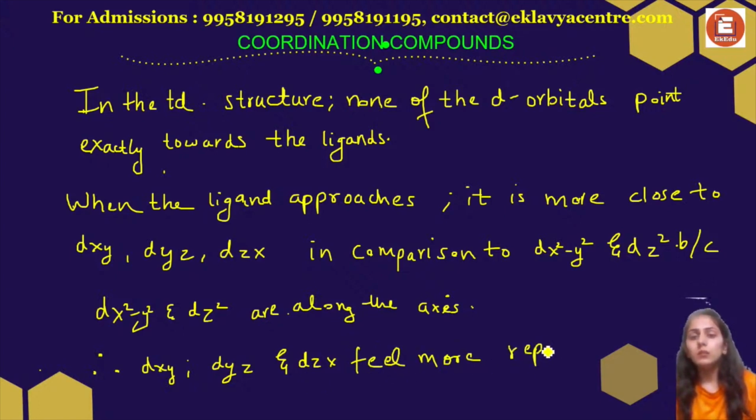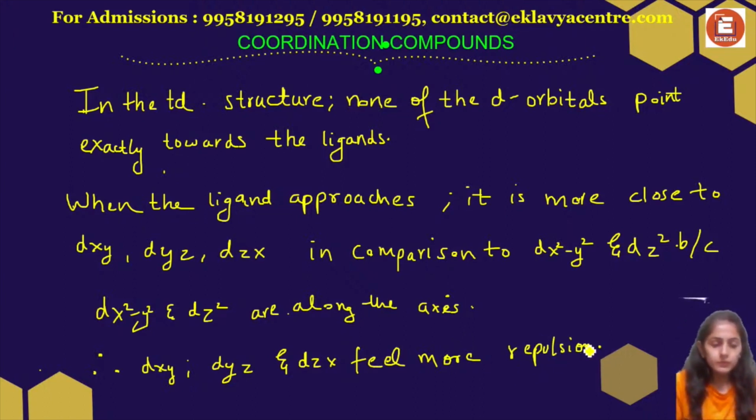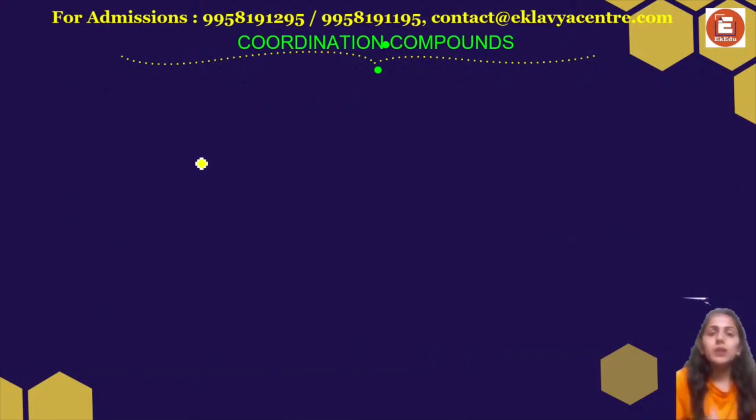That is why in tetrahedral complexes the splitting order is just reverse.